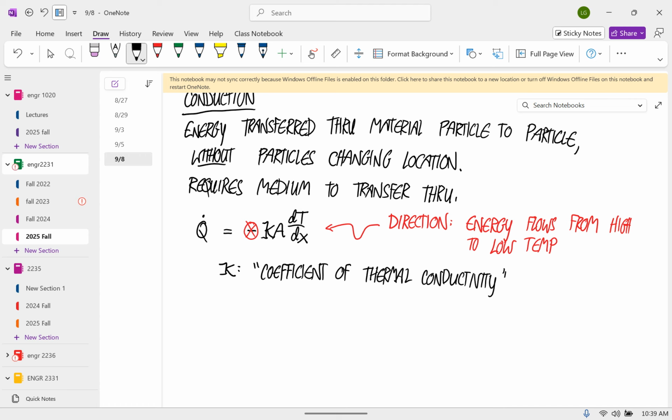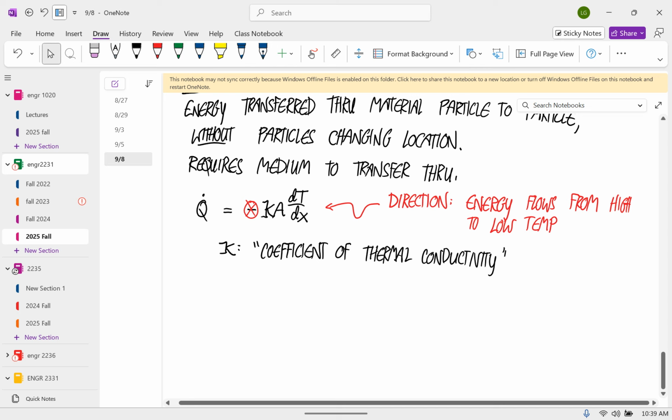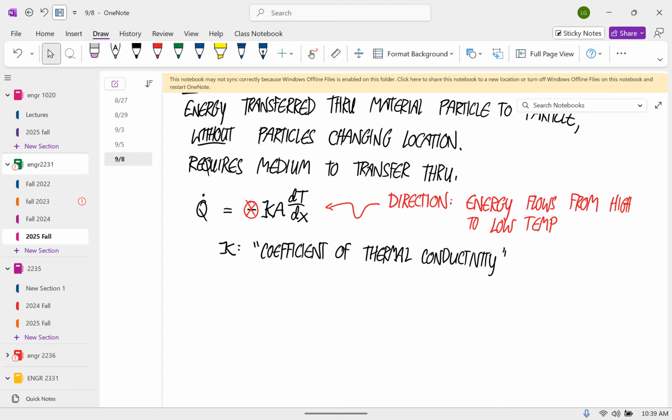Copper has a high coefficient of thermal conductivity. Plastic has a low coefficient of thermal conductivity. And the SI units of this are watts per meter Kelvin.